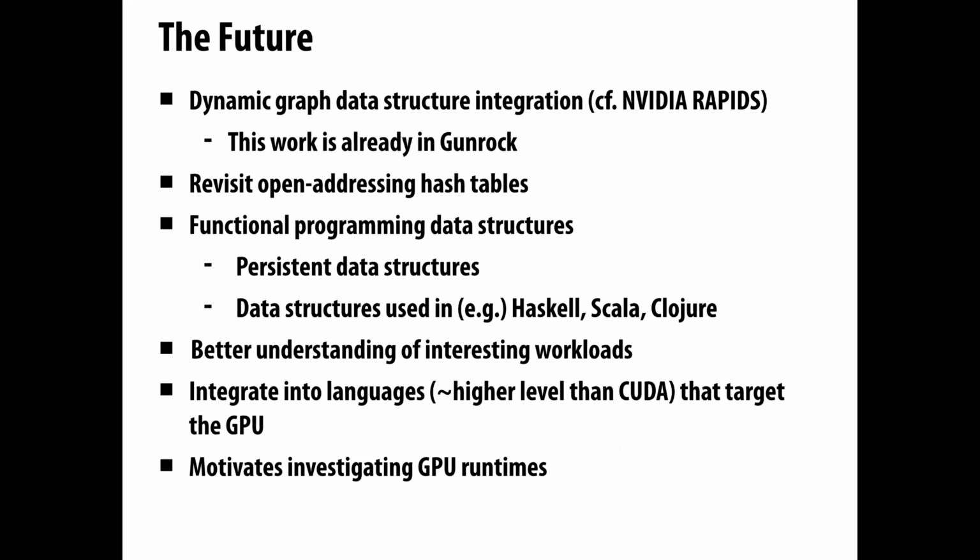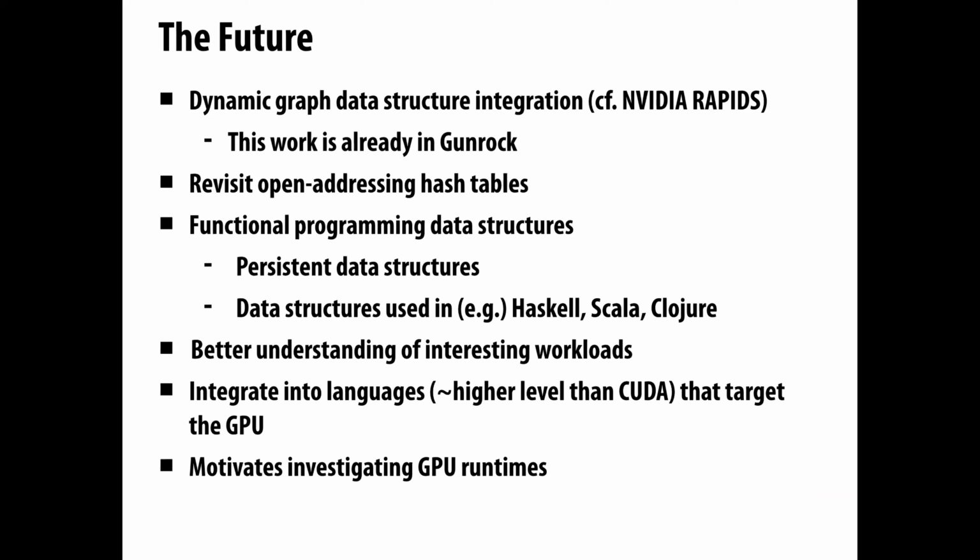We're currently revisiting different classes of open addressing hash tables like Cuckoo and seeing, now that we've built a bunch of data structures, can we make these better? We think some functional programming data structures look really cool. They're more advanced data structures, I would say. And could we build those on the GPU? These functional programming languages ought to be pretty GPU friendly. Let's look at their data structures.